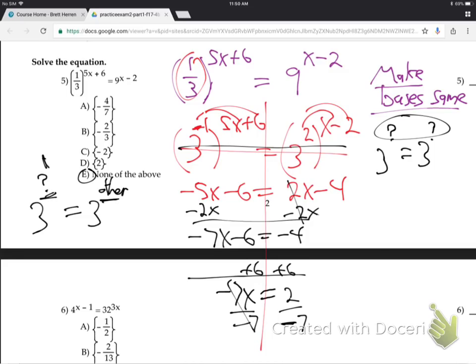If this was 1 and this was 2, 3 to the 1 wouldn't equal 3 to the 2. You with me logically? Is everybody making sense out of that? Why I was able to eliminate those bases? If 3 to some power is equal to 3 to some power, then those powers have to be equal, don't they? Good?